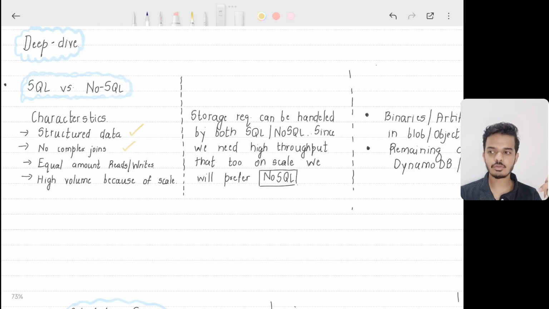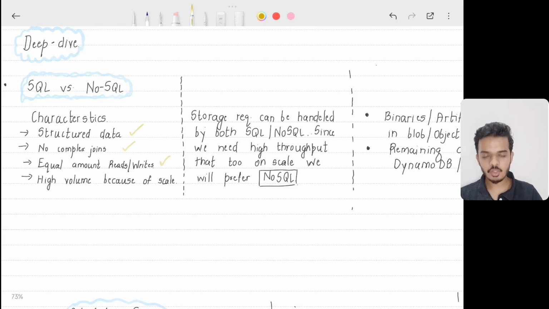So we will not have to get data from multiple tables while reporting something. Then the amount of reads and writes is going to be equal only. The number of jobs that were scheduled will need a result for all those jobs. The amount of reads and writes is going to be the same.